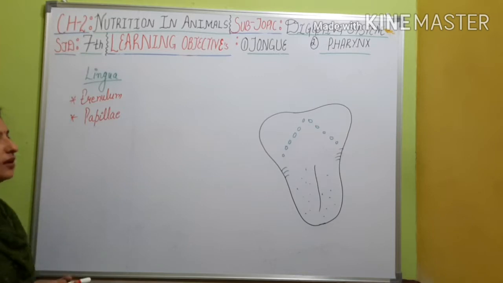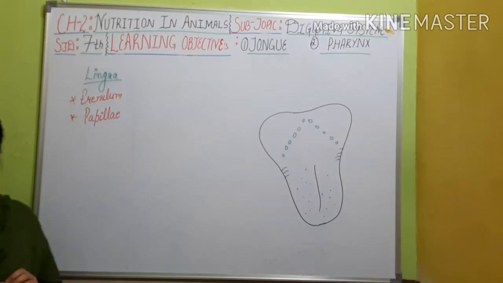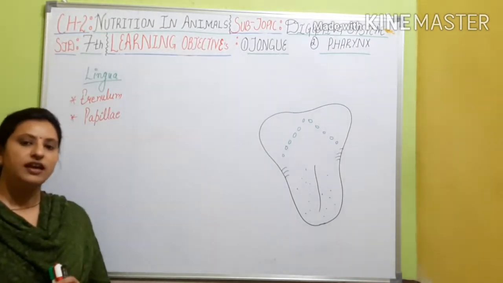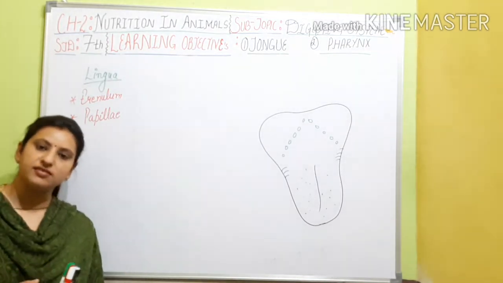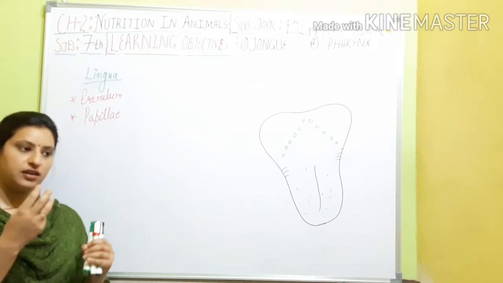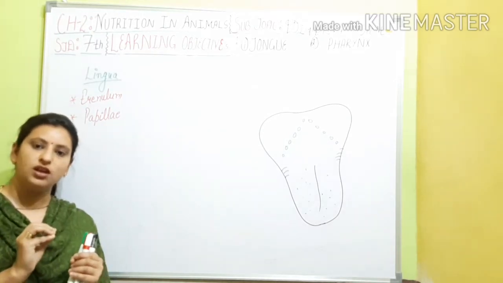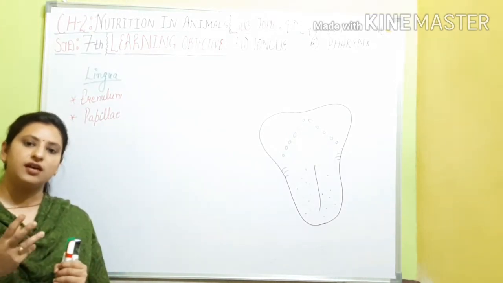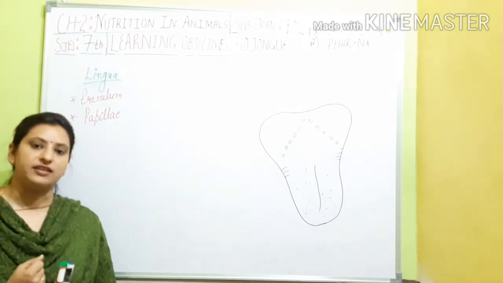And this tongue is voluntary in action because it is made up of skeletal muscles. The tongue is not attached to the bone, so it has this highly muscular nature.